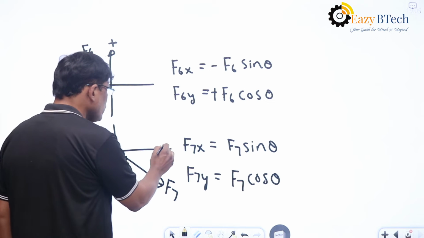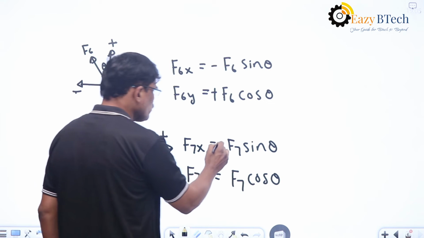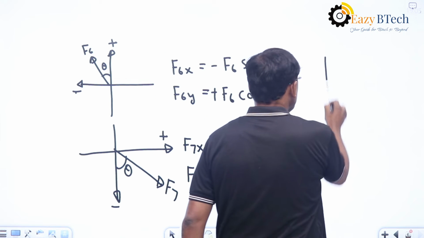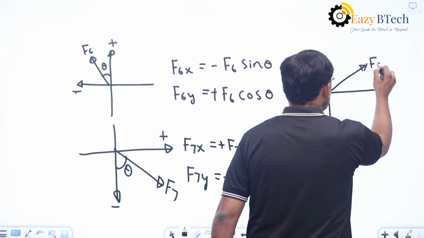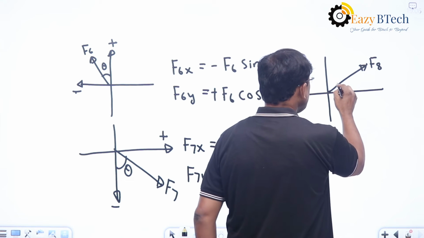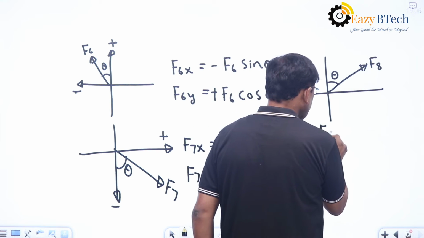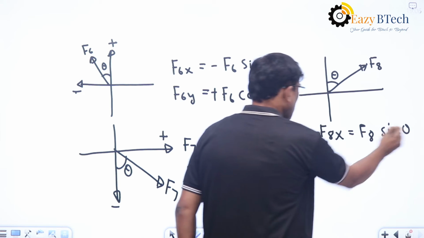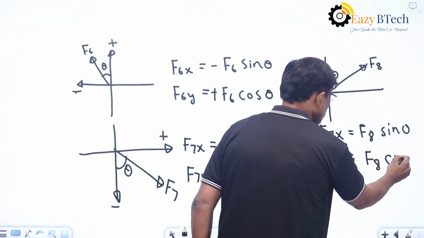In such a case, the x component becomes positive and the y component becomes negative. So this is plus and this one is minus. And let us say a force F8 is taken here, making angle theta with y. Then F8x becomes F8 sin theta and F8y becomes F8 cos theta.